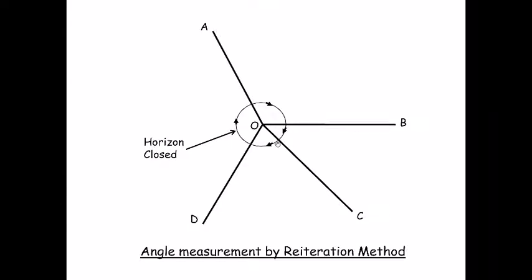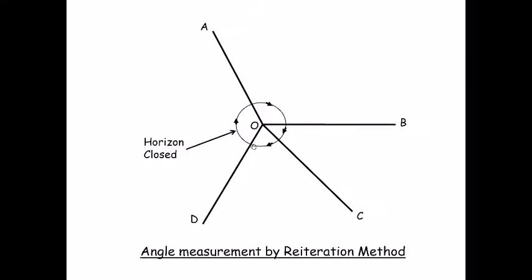But that would take up a lot of time. Alternatively, what we can do is we can place our instrument at O, center it, level it, locate the station point A, set this line equal to 0 degrees. Rotate your instrument, locate the point B, and note down the reading. Then keep rotating the instrument, locate the point C, again note down the reading.